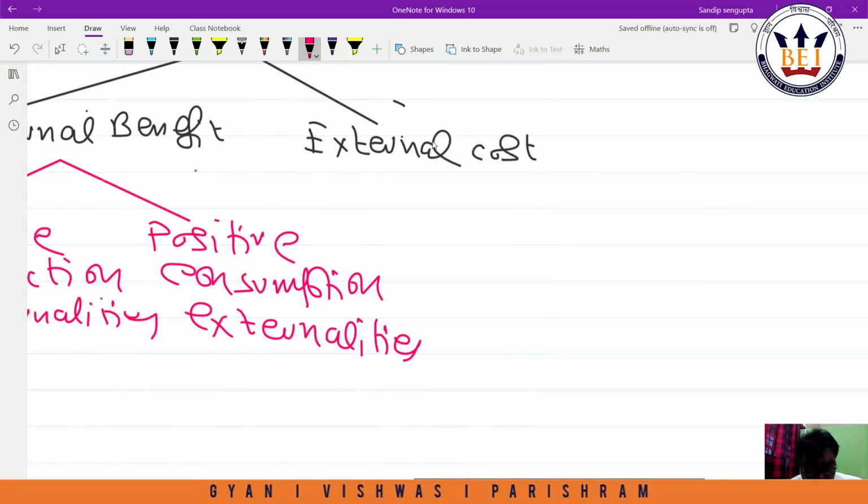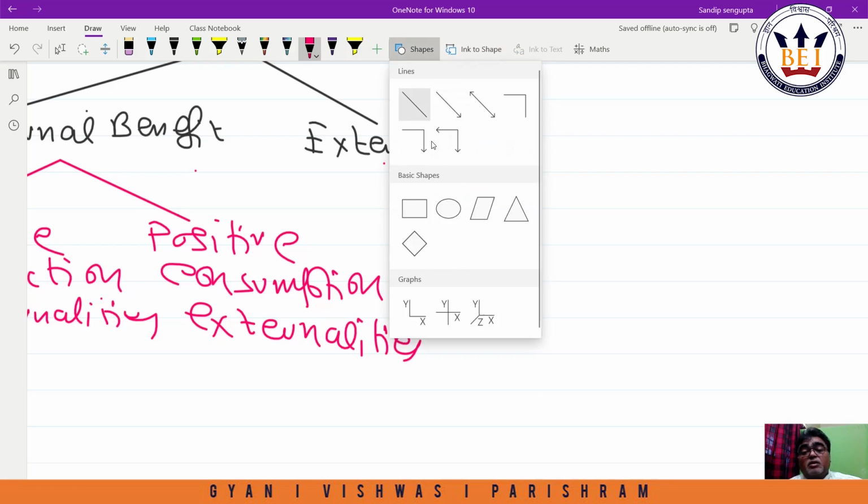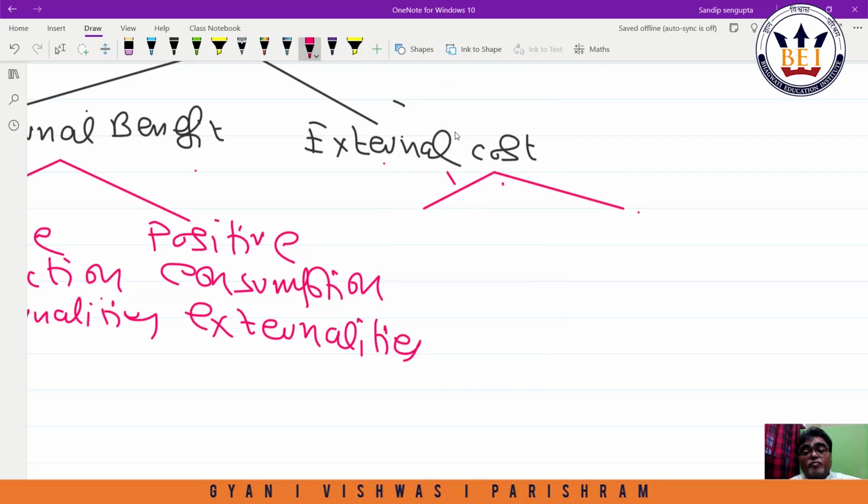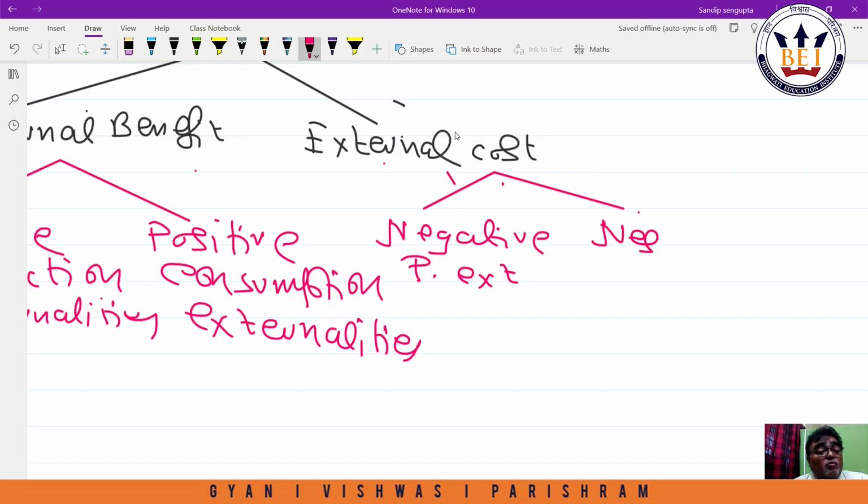External cost also in two parts we can take. One is negative production externality or negative consumption externality. But simple things.